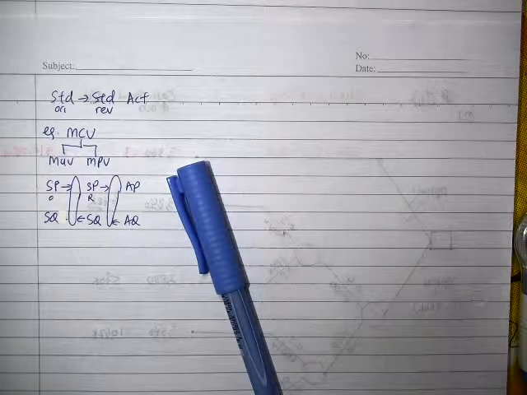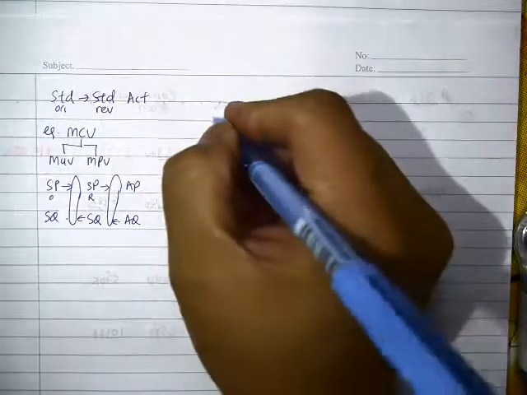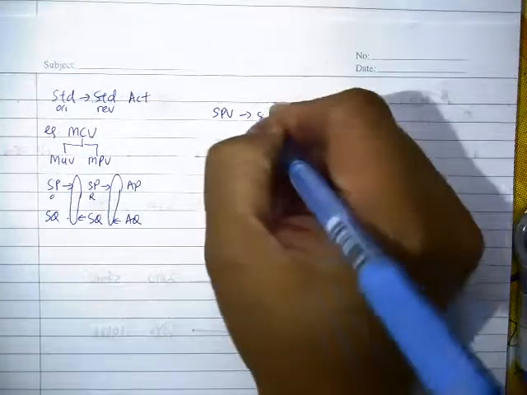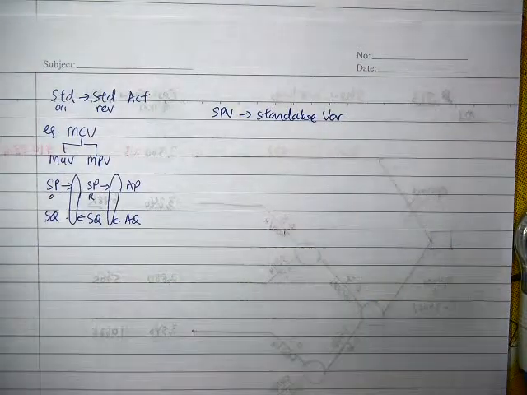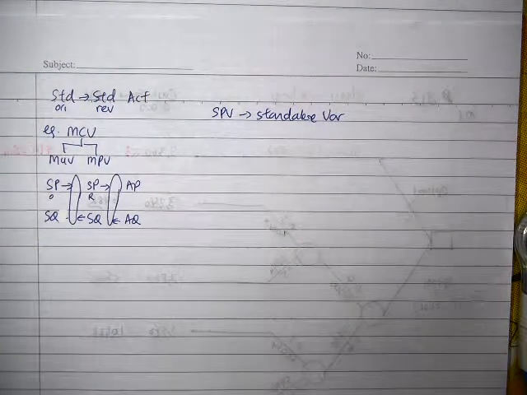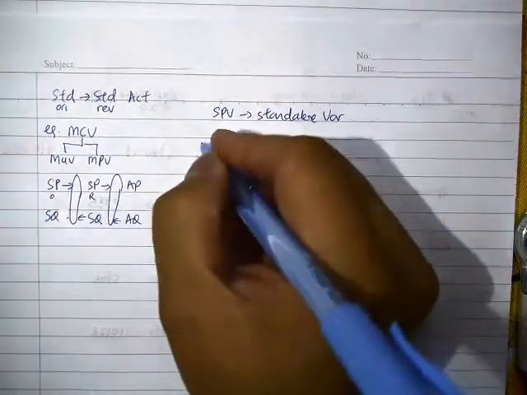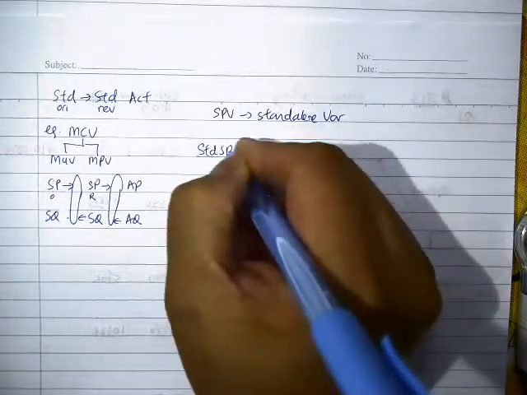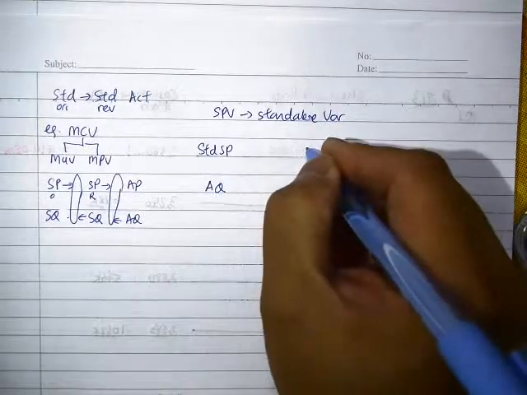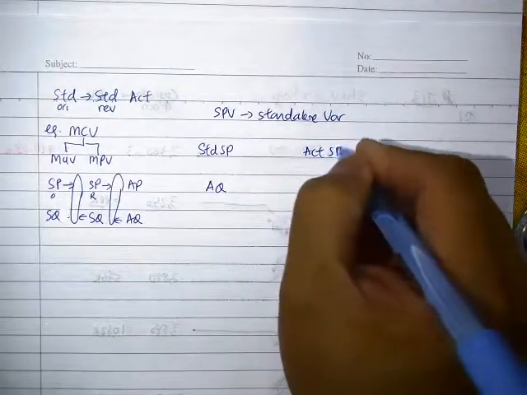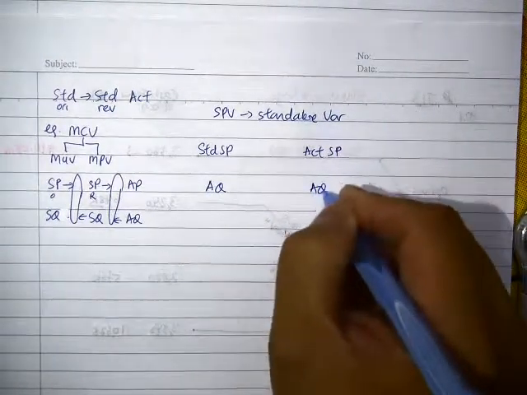Selling price variance and sales volume variance are different variances. They don't belong to the same category. Because selling price variance is already a standalone variance, now you give me the formula for selling price variance. Yeah, standard selling price and actual quantity, then actual selling price and actual quantity.